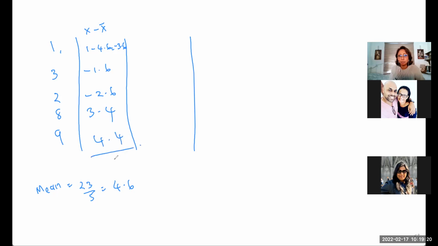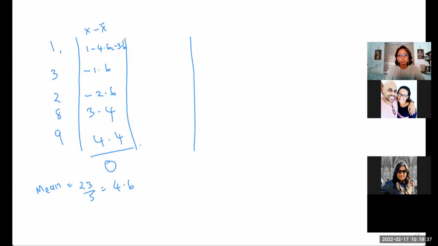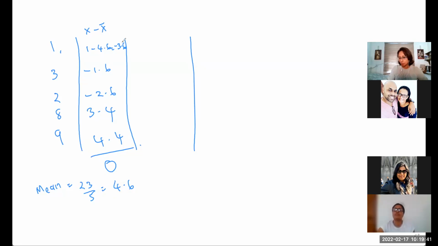This should all add up to 0 because we are going up above and below the mean. So they should all cancel out. That's how we know whether our calculation is correct. So let's see whether that is correct.